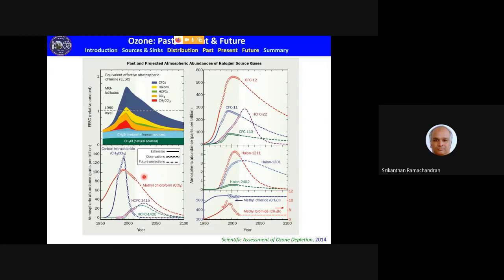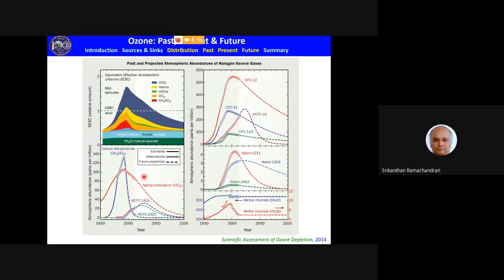So, with all these successful protocols, on the realization that chlorofluorocarbons are depleting ozone, and that the Earth, humans and all kinds of living beings can be saved only by reducing the amount of chlorofluorocarbons in the atmosphere, these were discussed in various amendments and protocols of world gatherings.